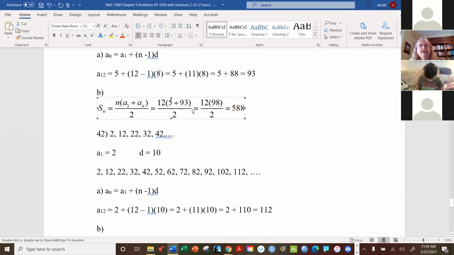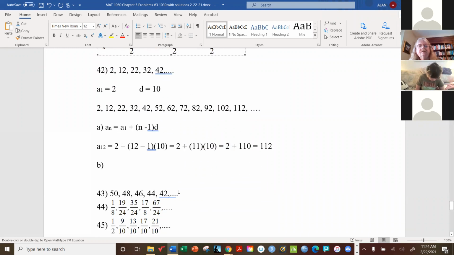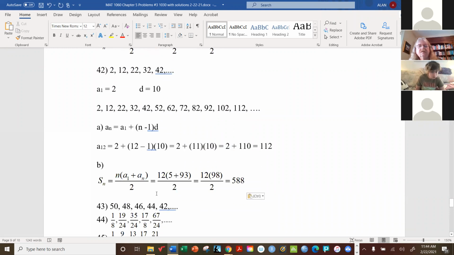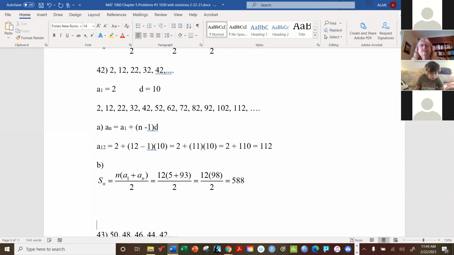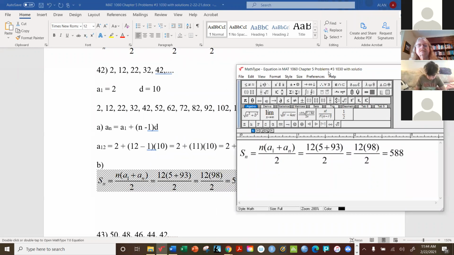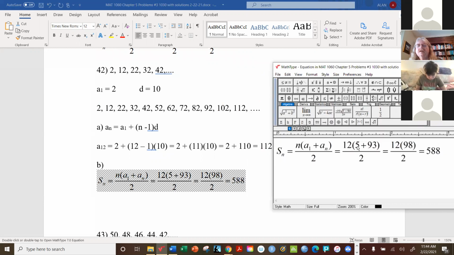Great. And then for the sum, we just make two changes. We started with 2. The 12th term was 112.